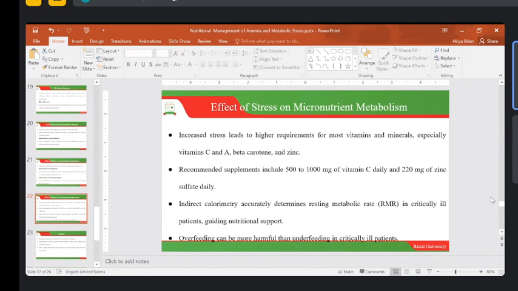So, recommended supplementation is 500 to 1,000 milligrams of vitamin C daily, and also 220 milligrams of zinc sulfate daily when the individual is experiencing stress.